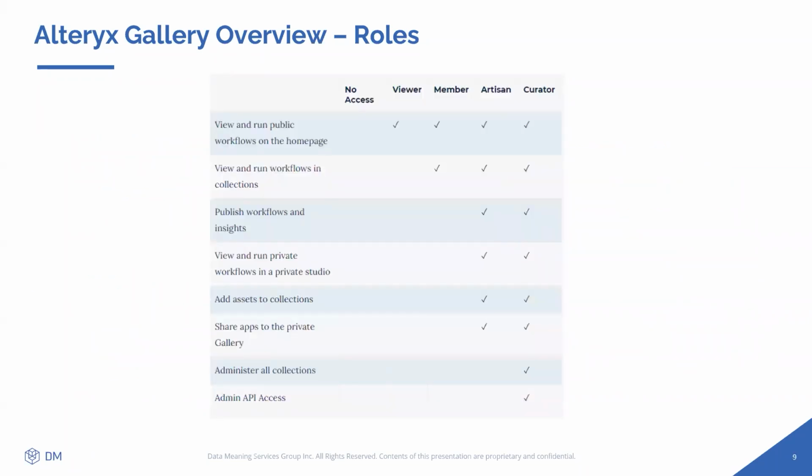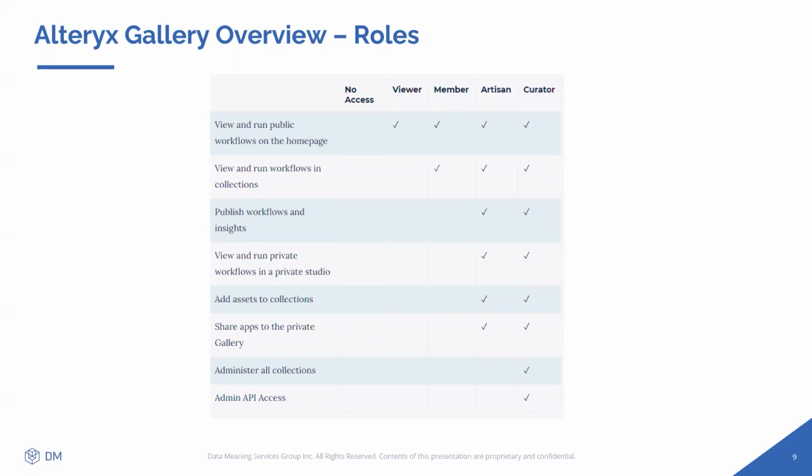But for those that like tables, here you have everything related to the permissions that each of the roles has. And as you can see, the creator has everything that an artisan has, as well as the member and viewer, and the no access has no access, right? But that's basically it.